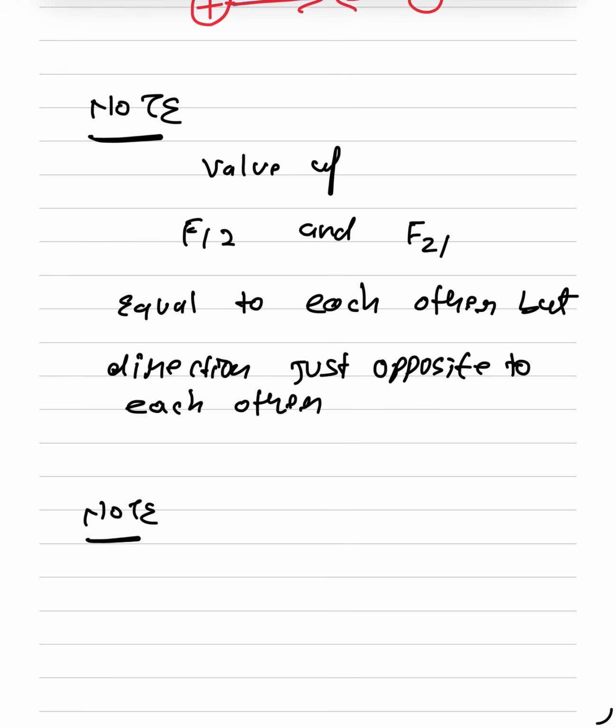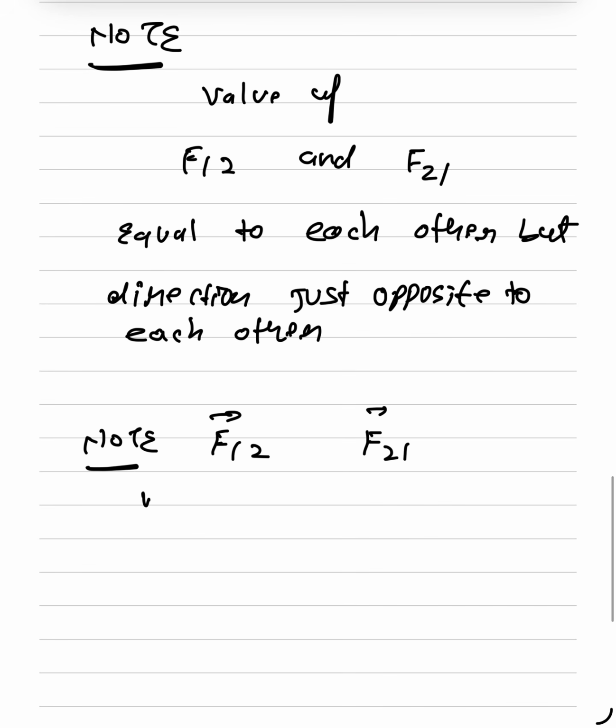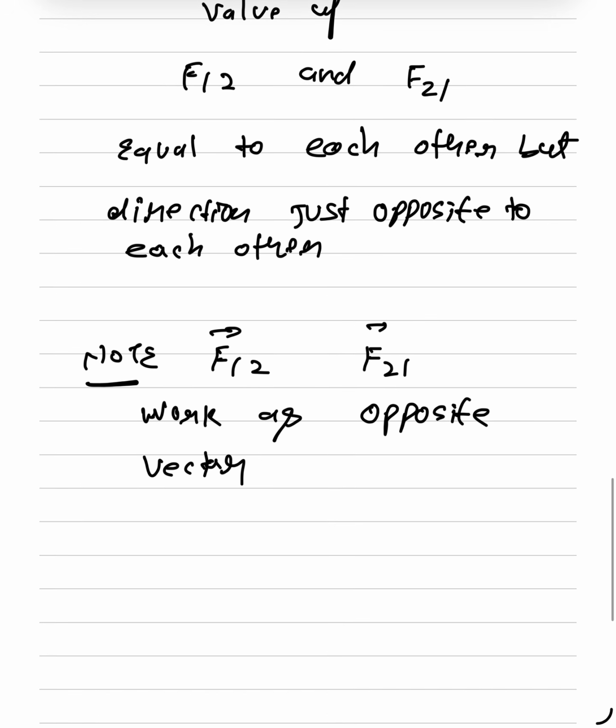F12 vector and F21 vector work as opposite vectors, right. This is just some basic concept about the Coulomb force.